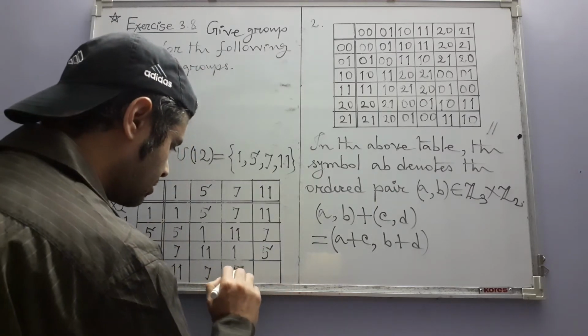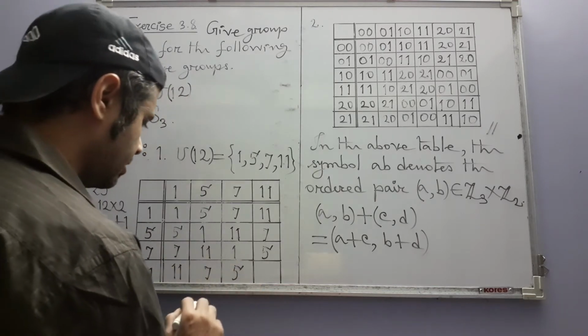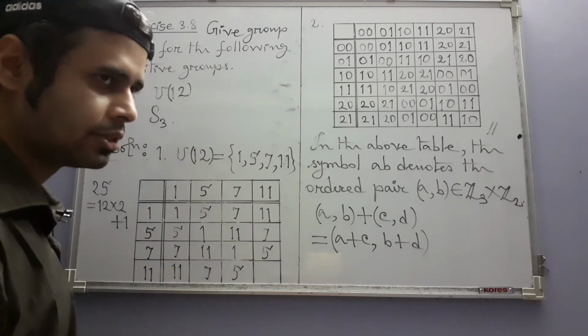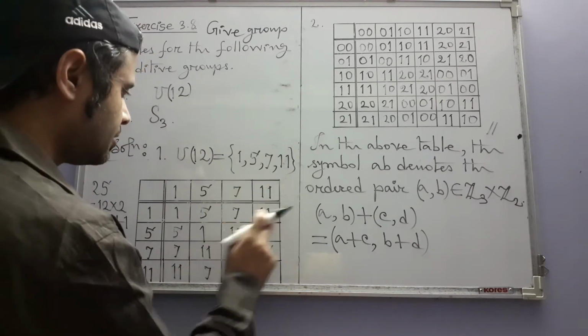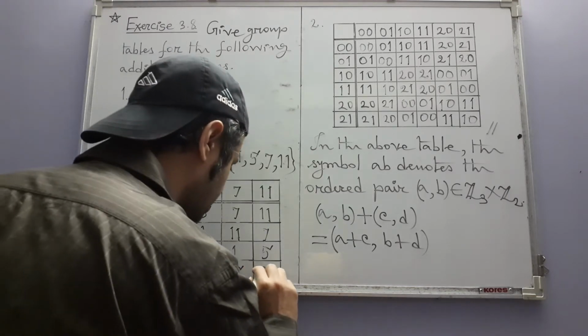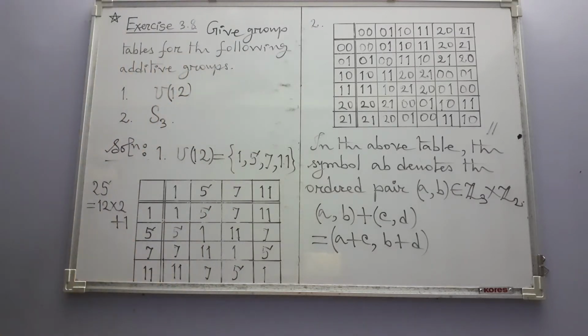So this one is also 5 because the operation is commutative. And finally, 11 times 11 is 121. 121 is 12 times 10 plus 1. So here the remainder is 1 when we divide by 12. So this is the group table for U12.